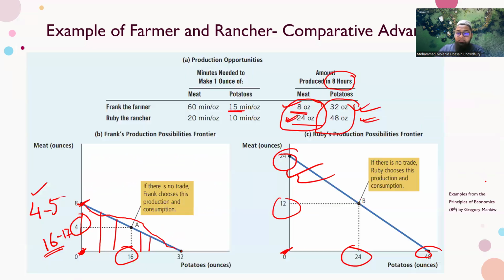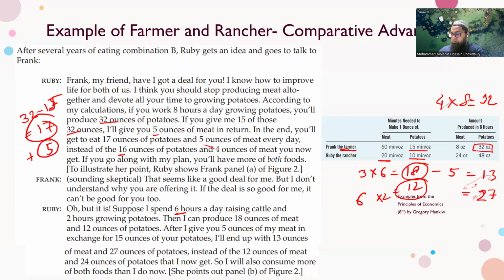You see, if I look at the previous one, she divided 50%, 50%, so she would have 12 ounces of meat and 24 ounces of potatoes. But now she is getting 13 and 27. So 3 more ounces of potatoes, 1 more ounce of meat.